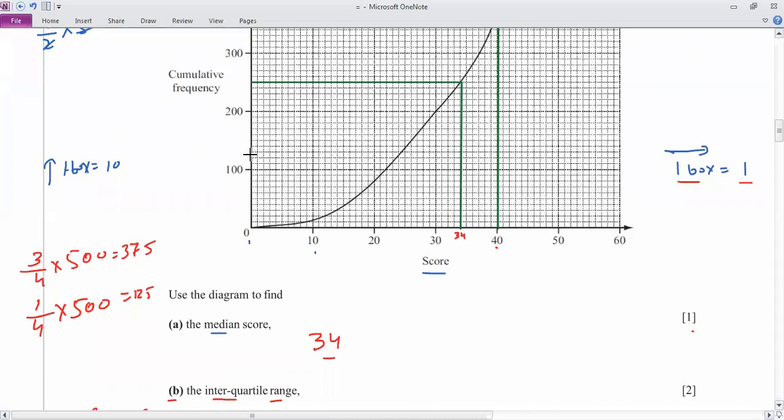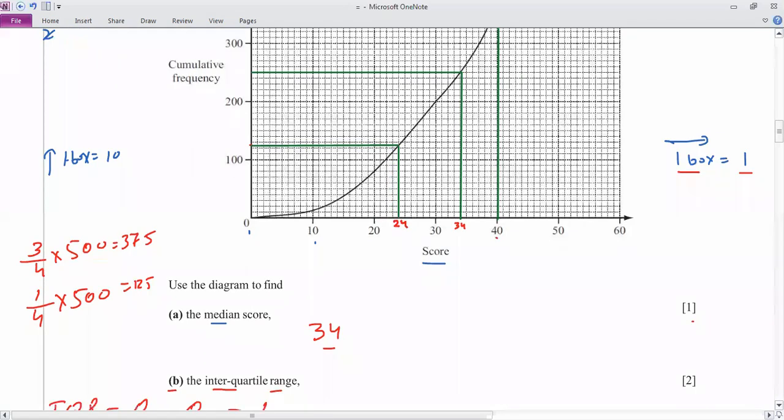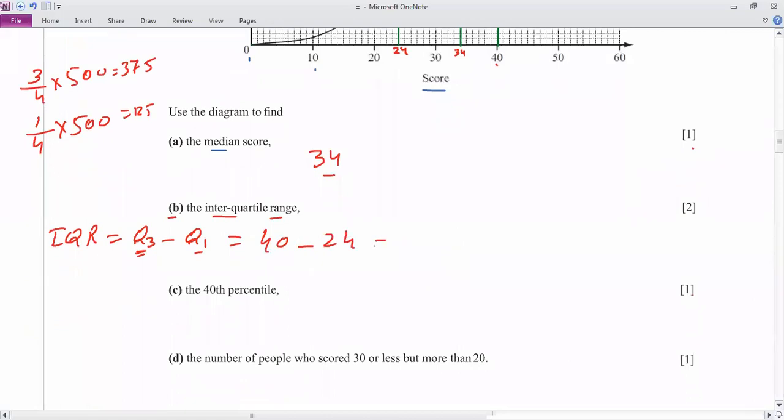From here you will draw the line and then come down. This is Q1. Now we will check how much it is: 20, 21, 22, 23, 24. This is 24. So 40 minus 24 is 16. It means the interquartile range is 16.